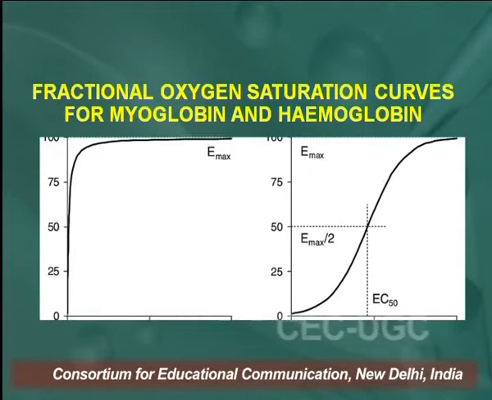Whereas in the case of hemoglobin, it can be seen that it never undergoes saturation of oxygen. The saturation never really reaches 100%, and hemoglobin is always craving for more oxygen because it is a tetramer and can pick up 4 oxygen molecules at a time, which it has to give. It has to give maximum amount of oxygen to the tissues.